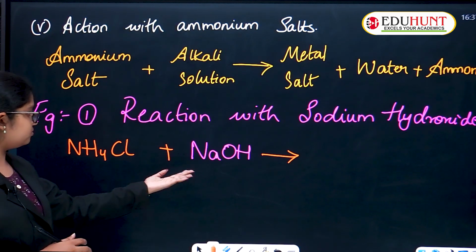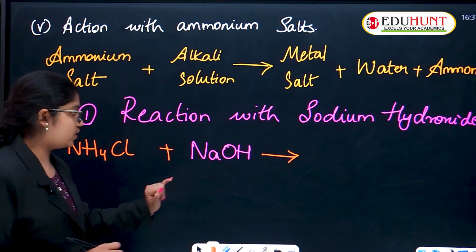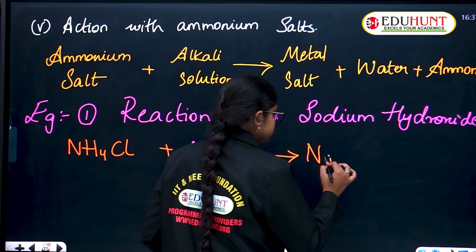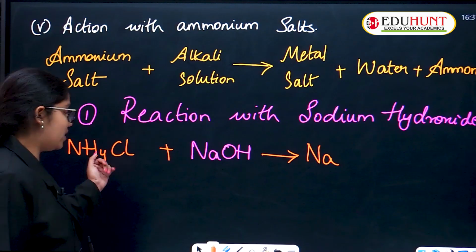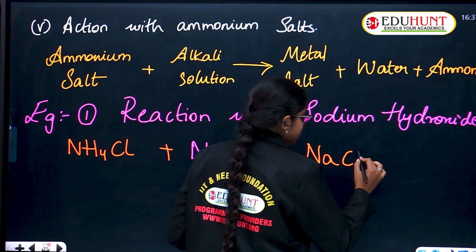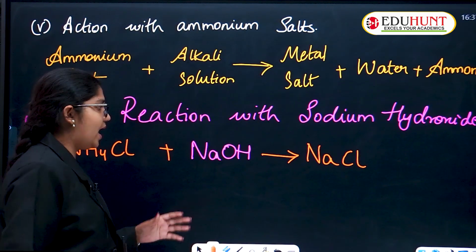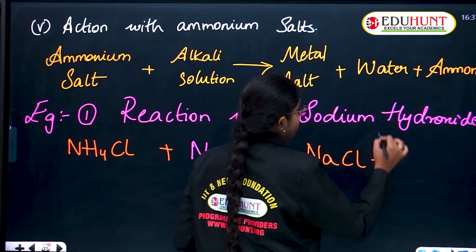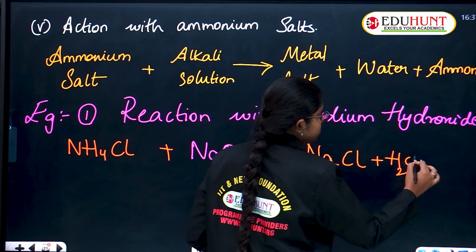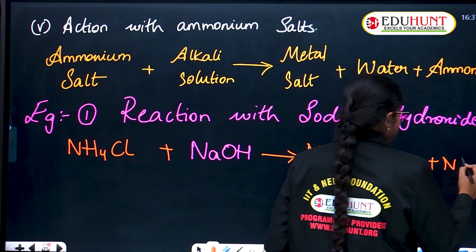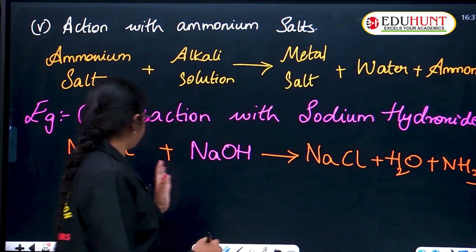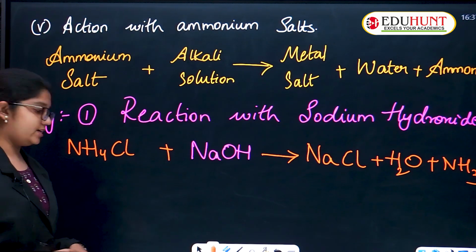What is the metal over here? Very good, sodium. Is there any salt regarding sodium? Very good, we have chlorine, no? We can write NaCl, the table salt. Okay. And what is that with water? Water is H2O, and ammonia, NH3. Very good. See, it is balanced or not? Balanced? Yes.